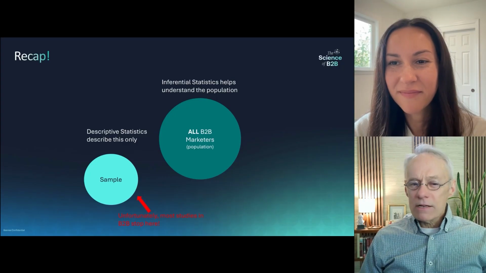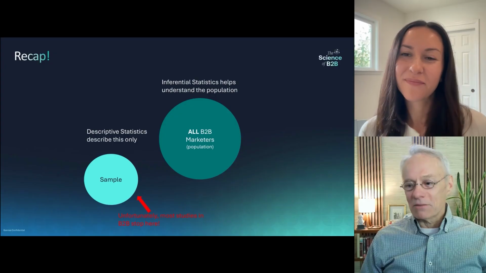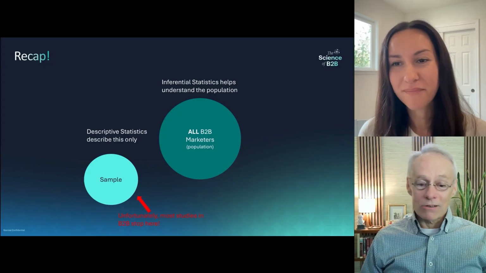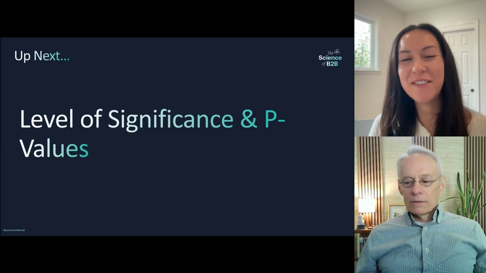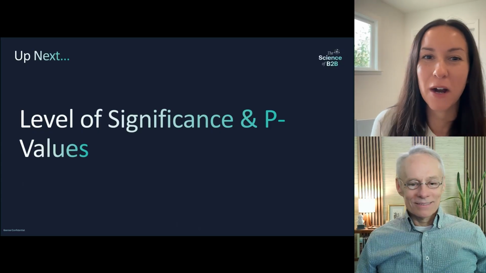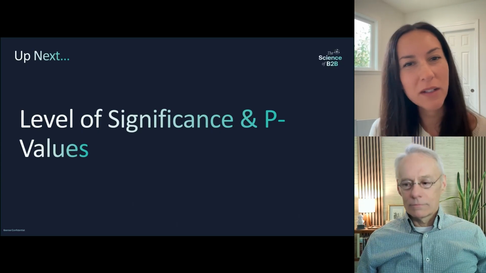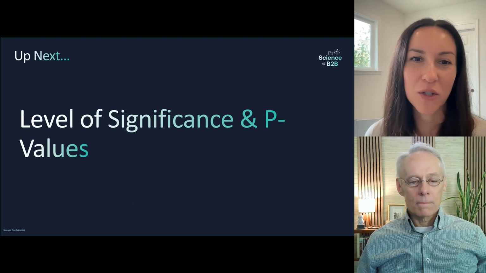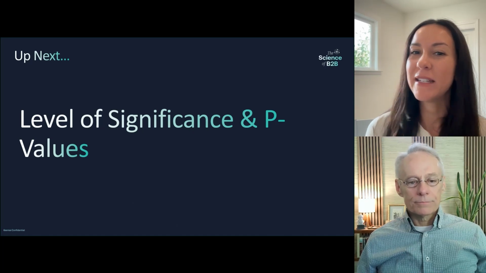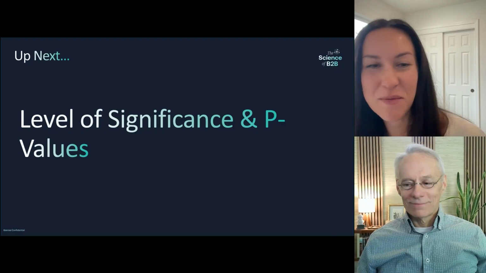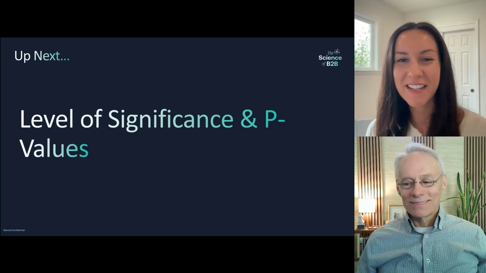And that's really everything that matters about reading these reports, is understanding whether it actually represents the real world. A number of times throughout this episode, we have been talking about needing enough evidence to support that there is a real effect or a real difference in the larger population. And we're going to be diving into the deeper end of the pool on inferential statistics in the next episode.